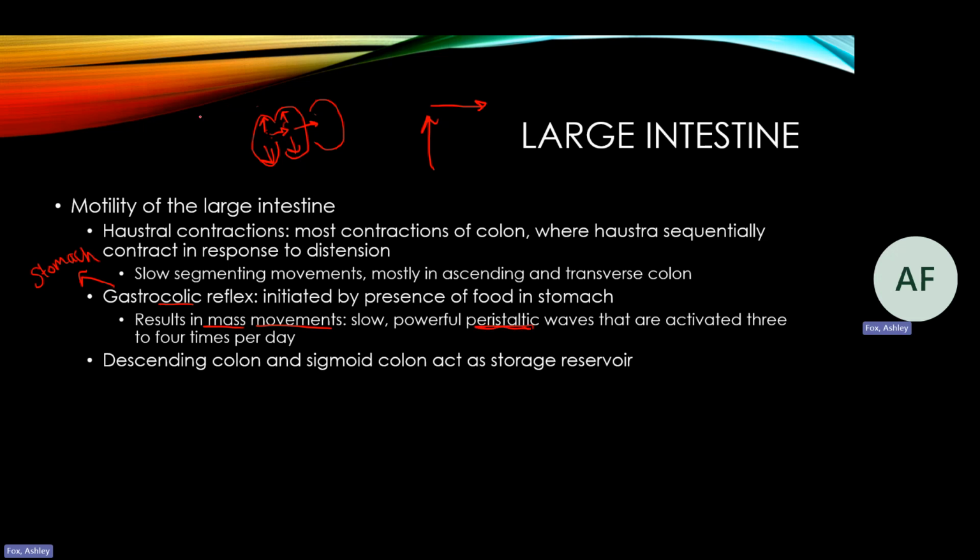These are kind of small contractions, and you're going to have big contractions. These are going to happen 3 to 4 times a day after eating, depending on how much you're eating, and it's called the mass movement. So again, you have the ascending, transverse, and descending, sigmoid. All of a sudden, this is going to be a really big push forward to get feces to move, and that happens after eating, especially 3 to 4 times a day.